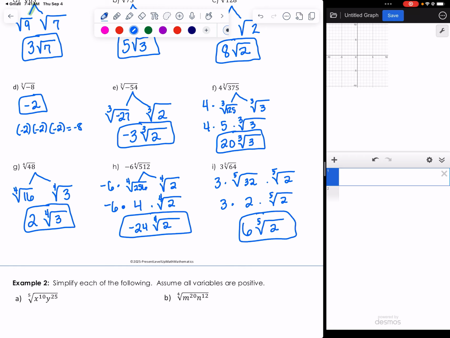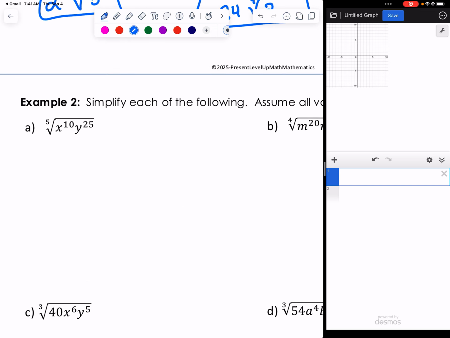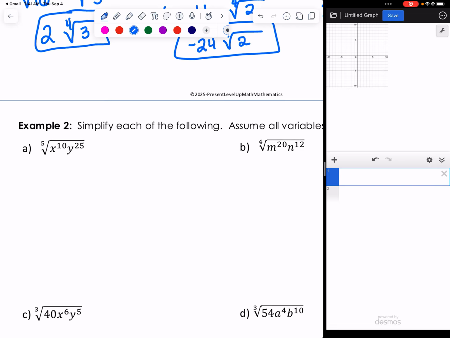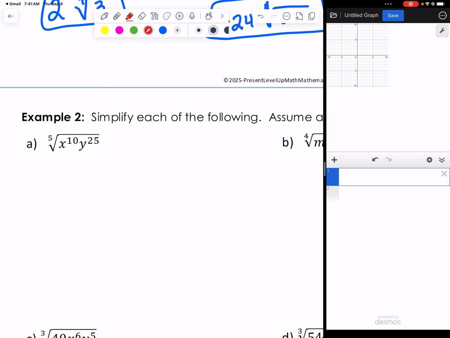Now, the next thing I want to look at with you is how to simplify nth root radicals that contain variables. So in example 2, it says simplify each of the following and assume that all the variables are positive. Now, to do this, you're going to be looking at your exponent and your index.